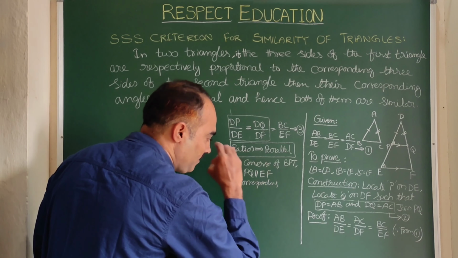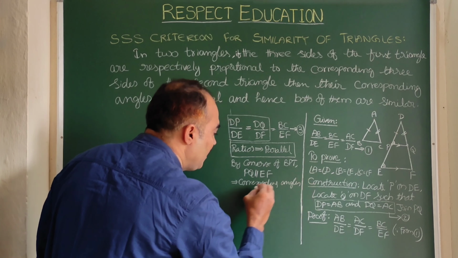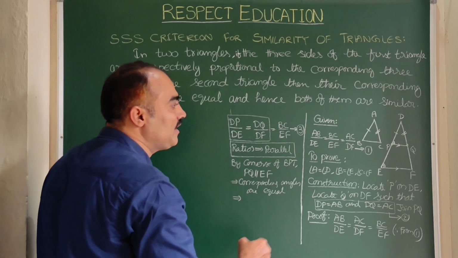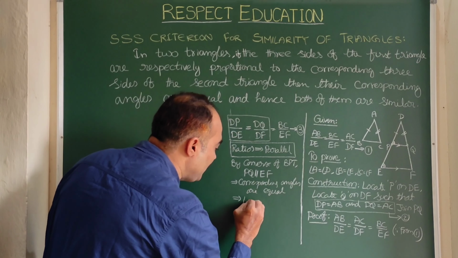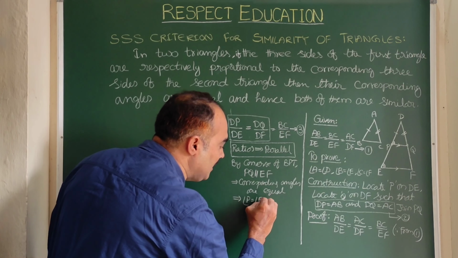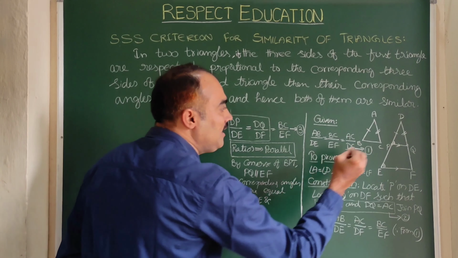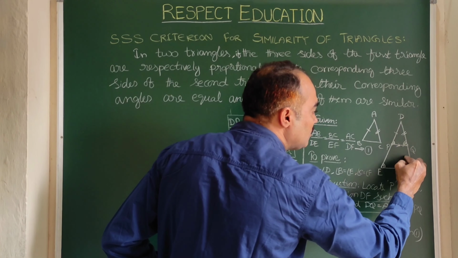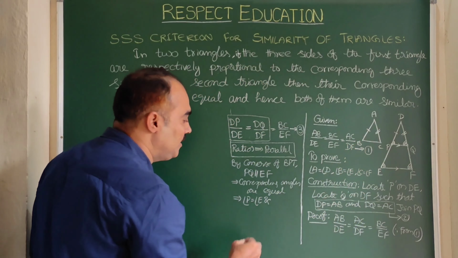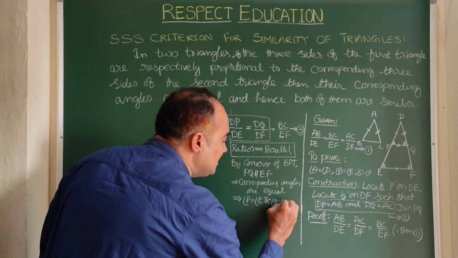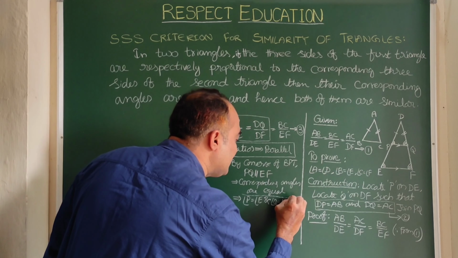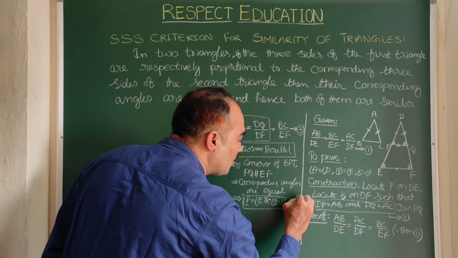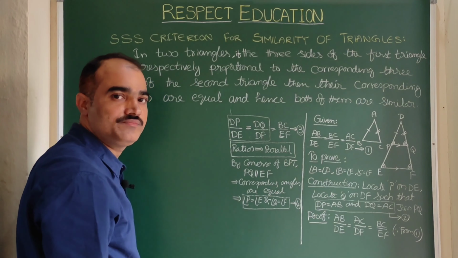So angle P equals angle E, and here angle Q, I take three arcs, is equal to angle F. These two are also corresponding angles. Let us take this condition as equation number 4.